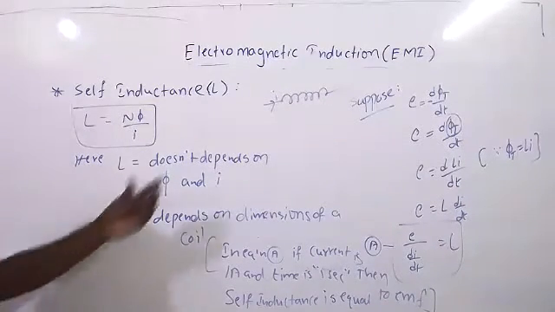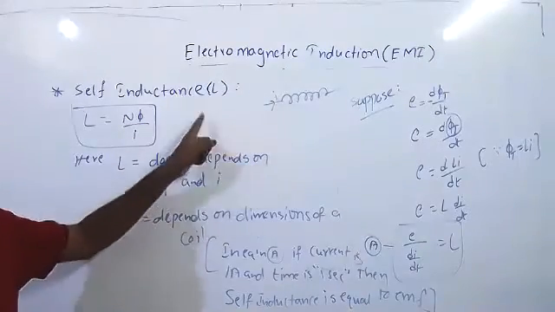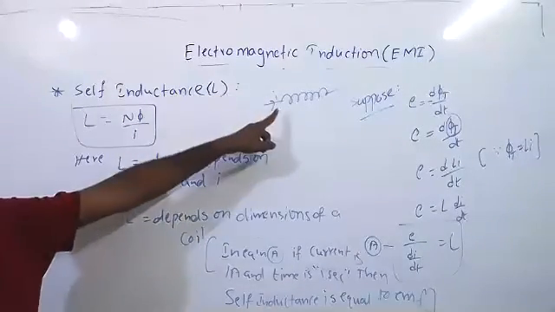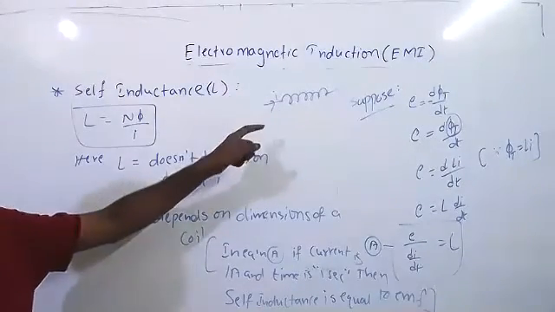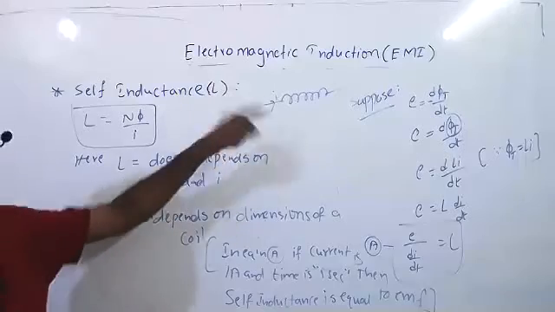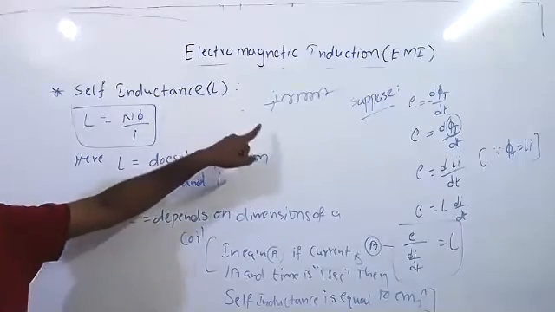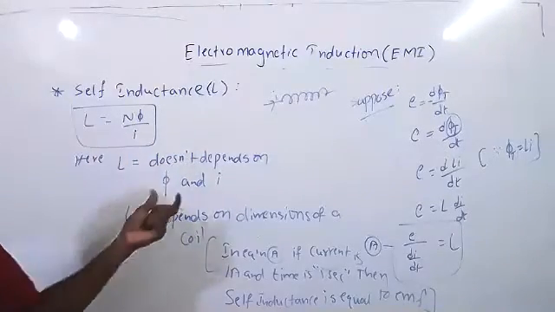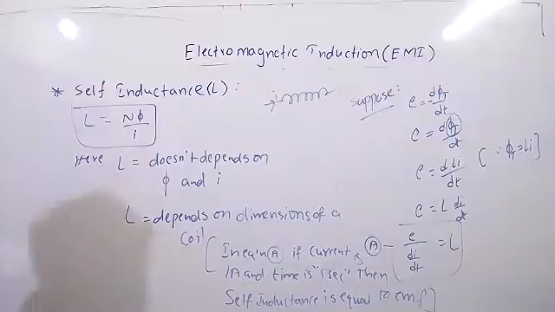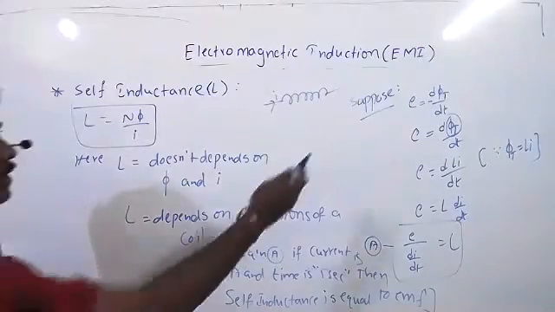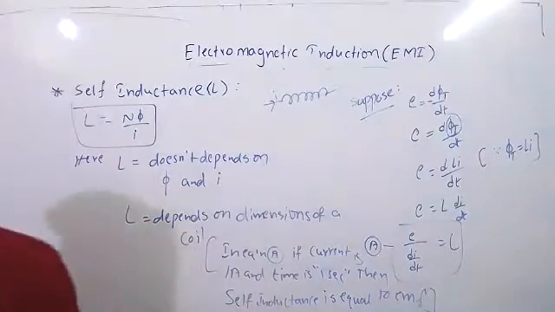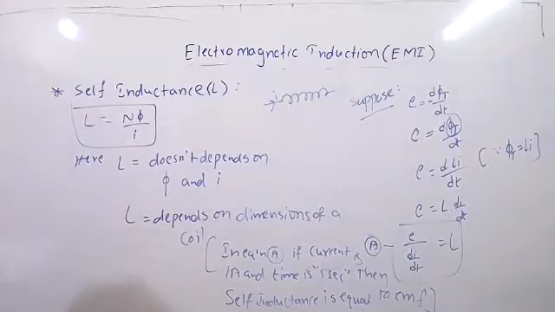How to derive: first we have to take a coil. Phi is the flux through one coil. For total flux, if you want, total number of coils, N phi. That flux is depending on current. So from equation 1 and 2, we can write. Sir, phi total is equal to LI, sir.